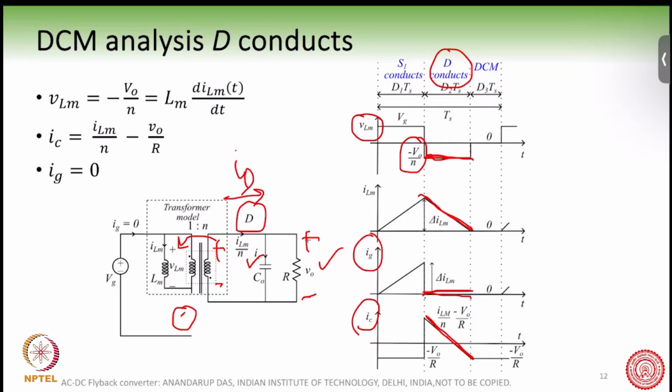The capacitor must be replenished during this point of time. It has lost its energy in the previous D1 time period, but it must be replenished so that the average capacitor voltage remains constant. So these are the equations present during this time, and you can easily verify these equations.